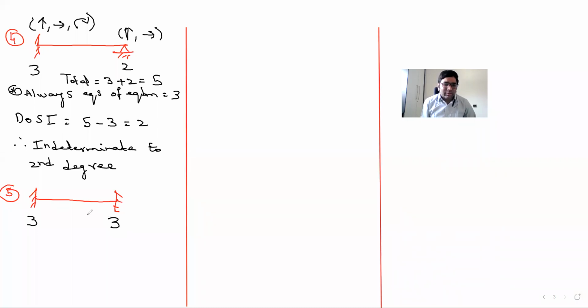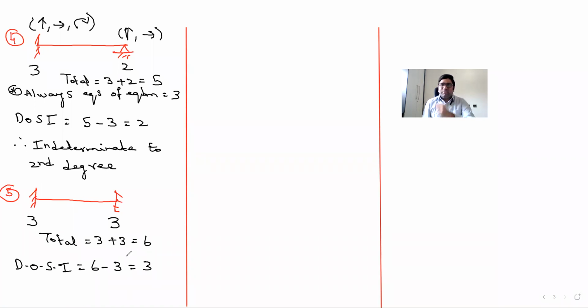So total is equal to 3 plus 3, that is equal to 6. And degree of static indeterminacy is equal to 6 minus 3, that is equal to 3. Wonderful. Yes, correct. So therefore, indeterminate to third degree.